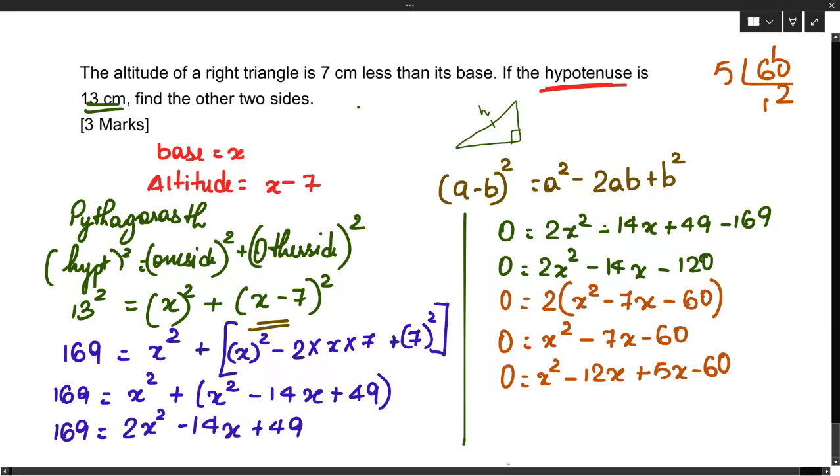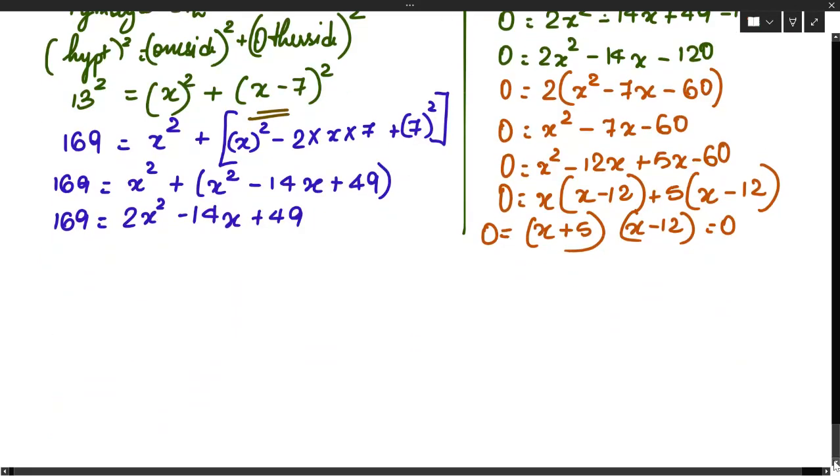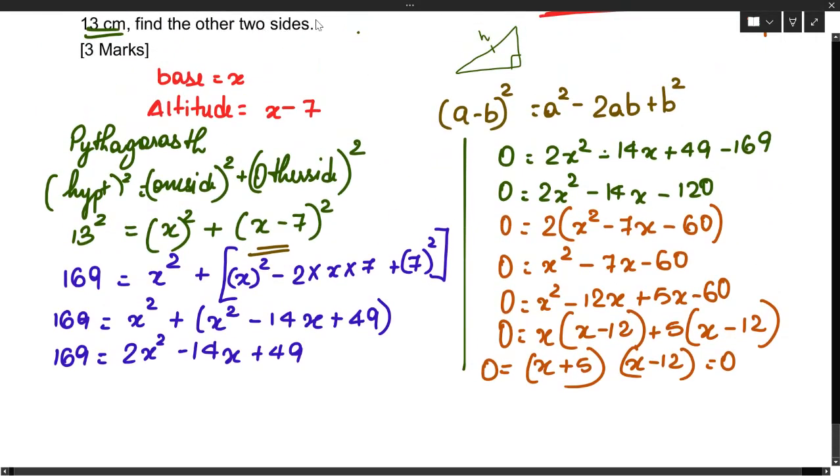So 0 is equal to x minus 12 into x plus 5. So x plus 5 is equal to 0, and x minus 12 is also equal to 0. What do you think, what will be the value of the base x? We took x as base. 12?